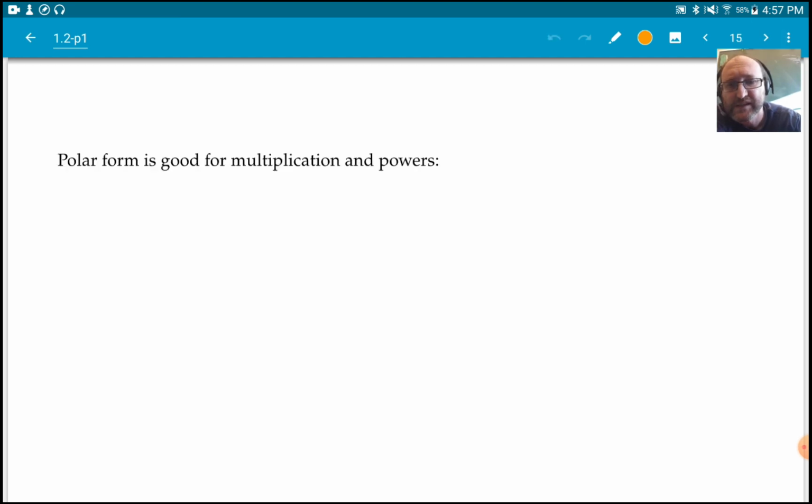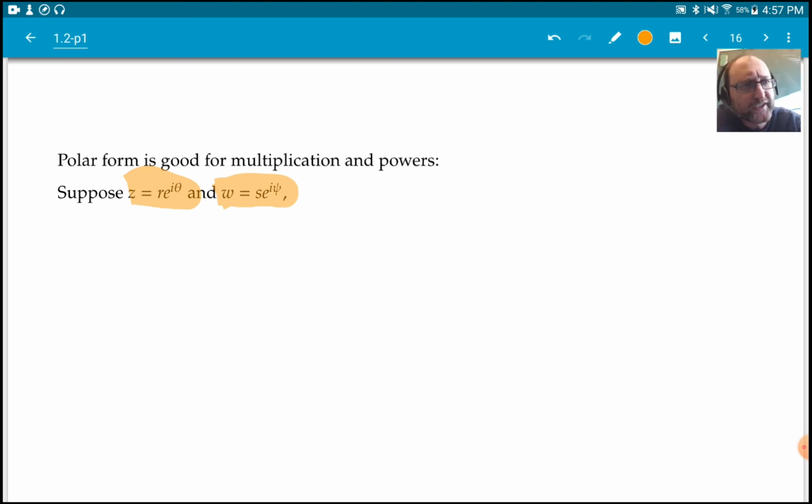All right, now polar form is good for multiplication and for powers. Why? Well, suppose that we have two complex numbers, z and w, where z is r e to the i theta and w is s e to the i psi.